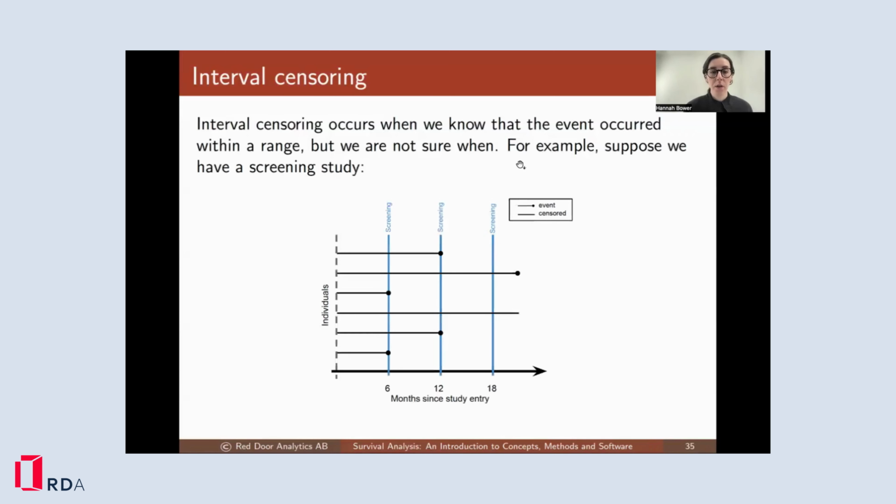The first individual, we follow them across our months since study entry, and at 6 months we screen them and we do not see any event of interest, and we keep following them until we see that they do have the event of interest at the second screening. If we look at the third individual here, at the first screening at 6 months, they have the event of interest, then we stop following them. And you can see this differs for different individuals here.